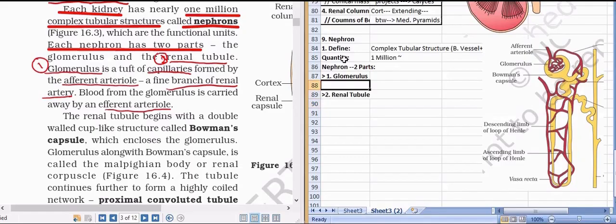Again, what is the glomerulus made up of? The glomerulus is made up of tough capillaries formed by the afferent arteriole from the renal artery. So what do we have to write as the definition of this glomerulus? It is made up of capillaries of the afferent. Remember this word, afferent.